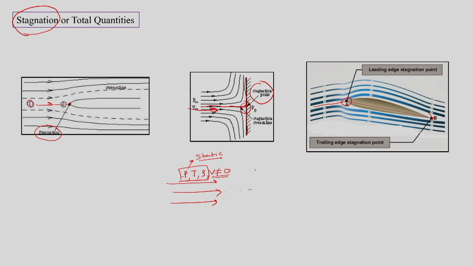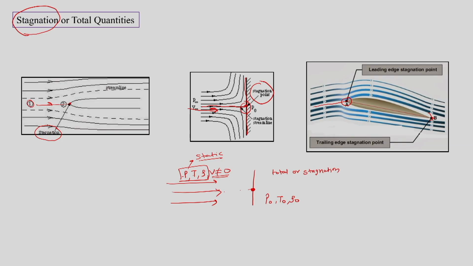But now, if this flow is isentropically stopped, then at this point pressure, temperature and density are called total or stagnation, and generally they are represented as P naught, T naught and rho naught. So, these are the stagnation quantities of the flow. So, we have static pressure, stagnation or total pressure, static temperature, stagnation or total temperature.